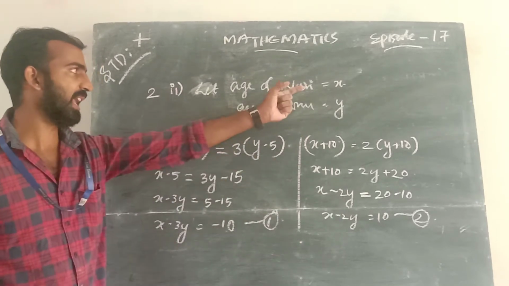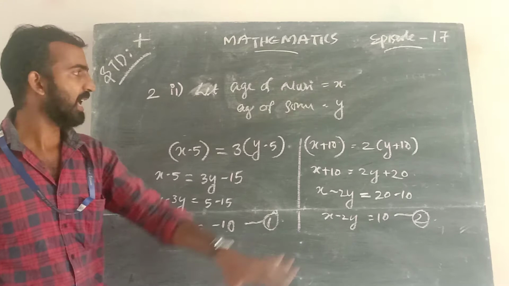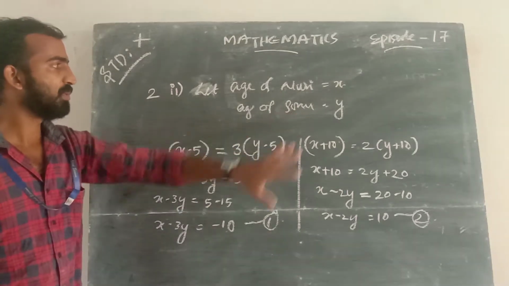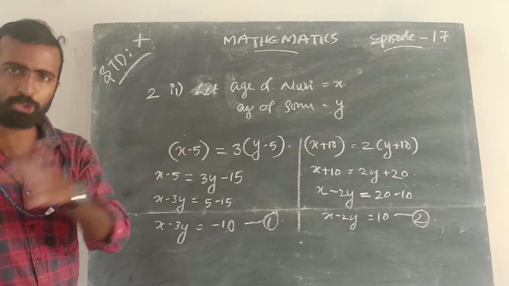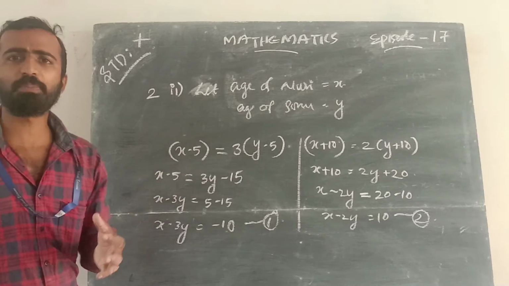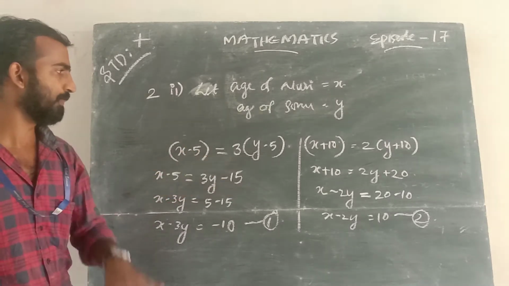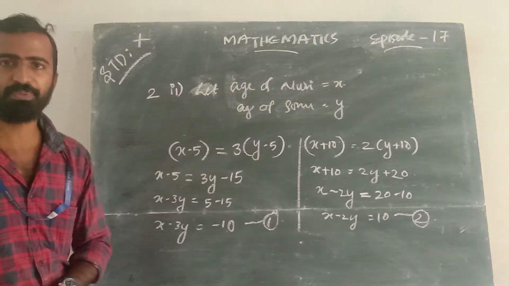First we take the age of Nuri as x and the age of Sonu as y. Then our first condition, according to the question, we can write x minus 5 equal to 3 into y minus 5.